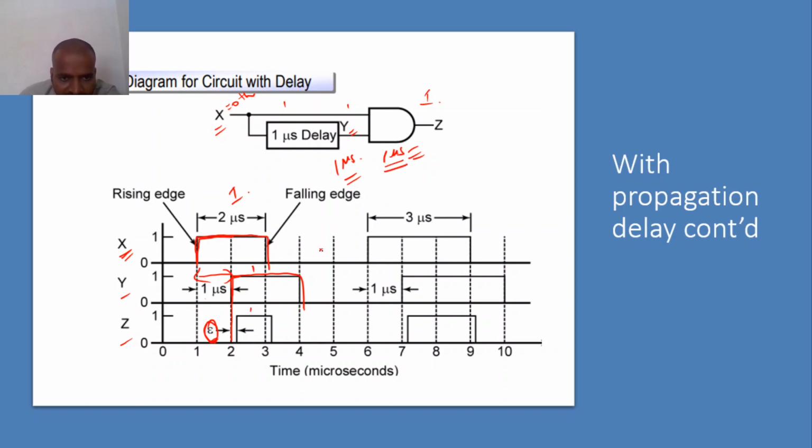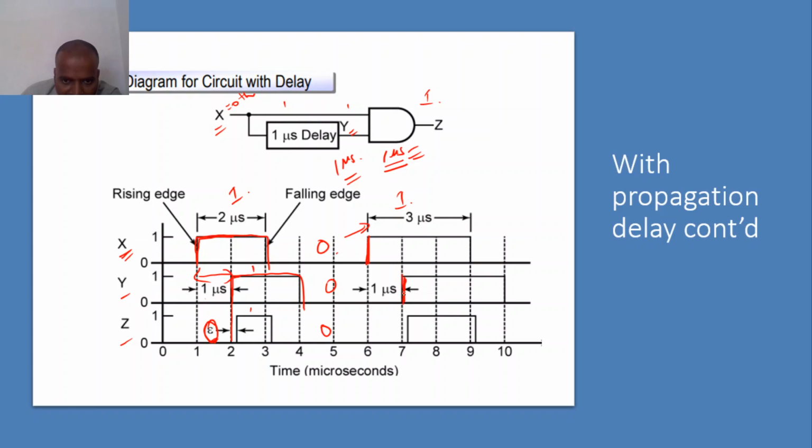Okay, similarly see here, this is 0 and this is 0, so the output is also 0. So again I'm going to change my input from 0 to 1. See, here I'm changing my input. As well as after 1 microsecond my Y input is also going to change to 1 here.